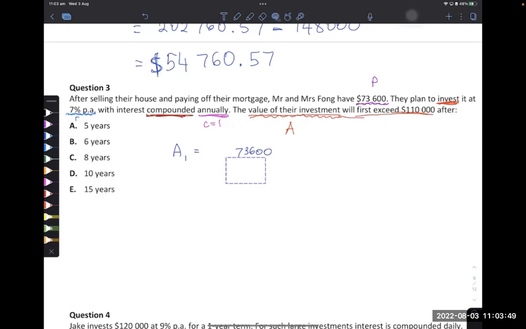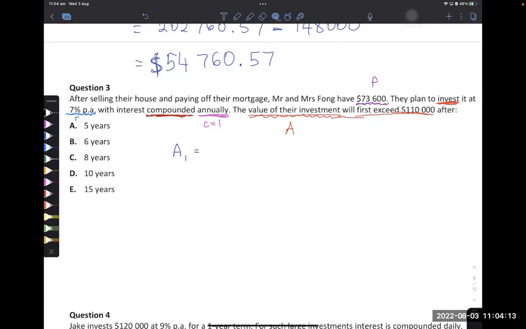Okay, we're trying to think about it too complicated, right? Let's go back to the basic principles. You're investing. So after 1 year, do you make more money or do you make less money? Okay, so how much more money are we making? 7% of how much? Okay, so we're finding 7% of this amount.